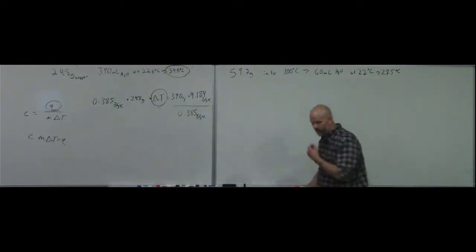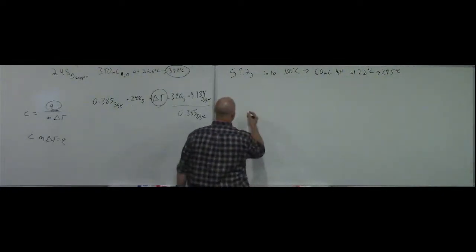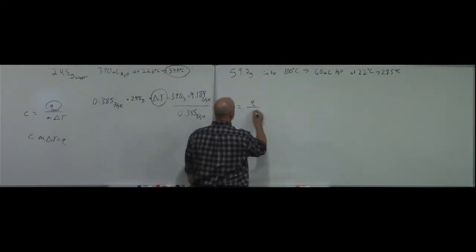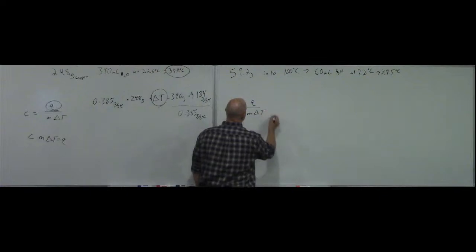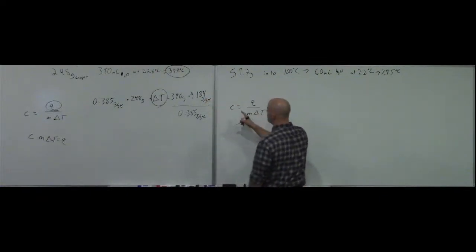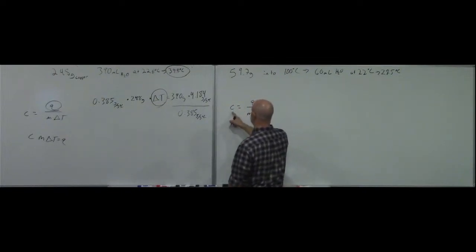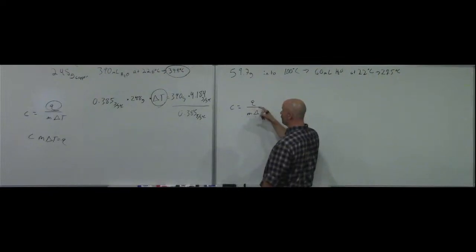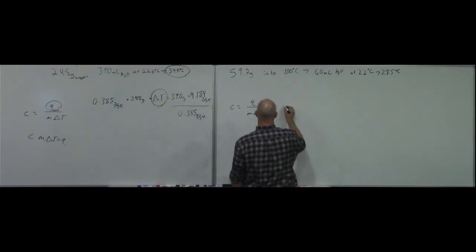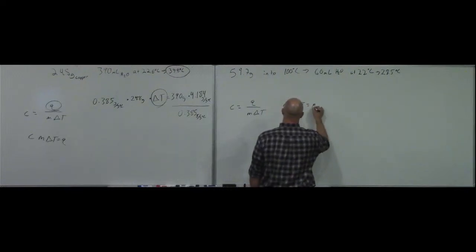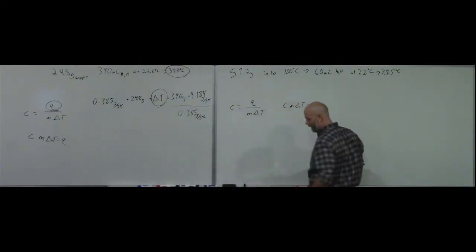Okay? So let's go back again to our formulas. I know that C equals Q over M delta T. Right? So I'm solving for this specific heat, but if I first solve for Q, I can really do something with that. So I go C M delta T equals Q, right?